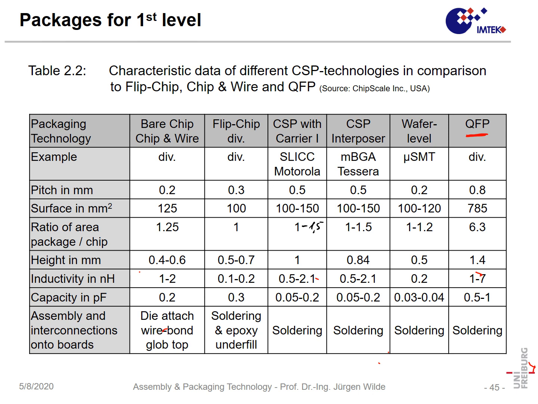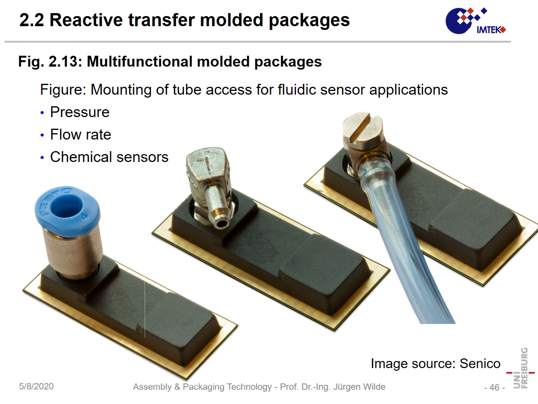They do not like to deal with bare chips like chip and wire or bare flip chip. So generally the trend has been with especially such devices in the recent years, while the starting point was the quad flat pack. For the other devices, we will see in a later phase of that lecture.